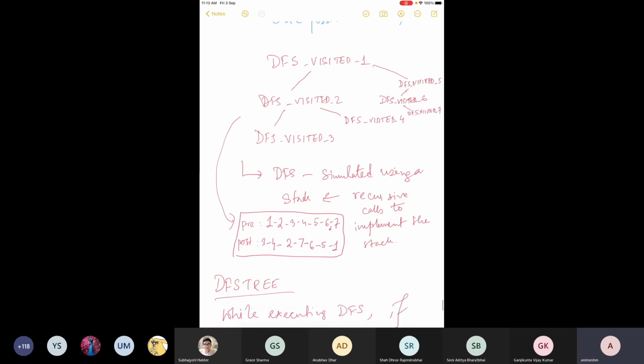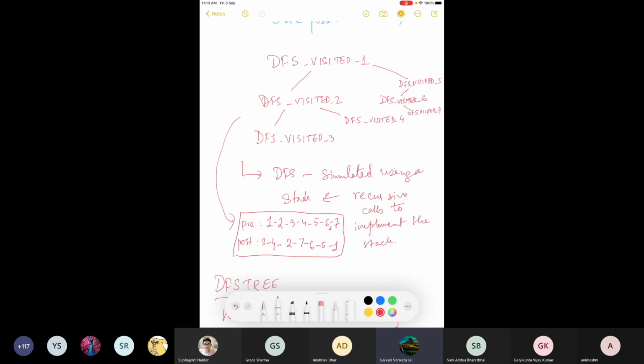Sir, here 2 is visited twice, right? No node is visited twice. We start with 1 and go to 2, and from 2 we go to 3. Then we come back by popping 3. Aren't we visiting 2 the second time? No, we are not visiting.